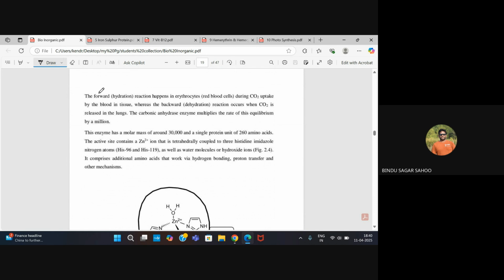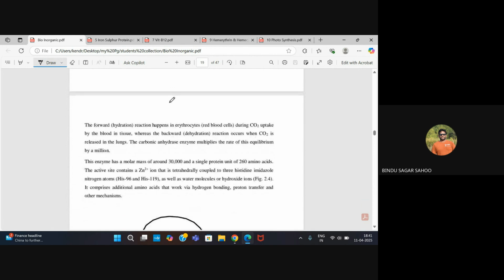Okay. So particularly the forward reaction occurs near the muscle tissue. And in the lungs, the HCO3 minus ion undergoes the backward reaction and gets converted to CO2 and water. And from the lungs, through the nose, it goes outside to the atmosphere.